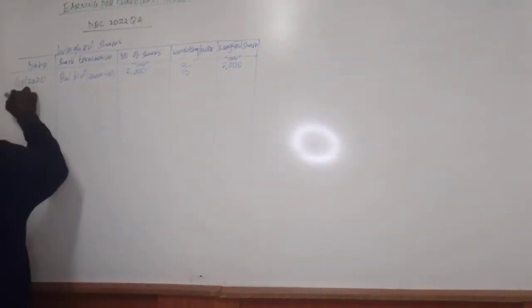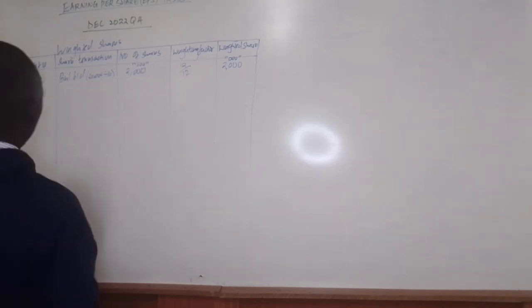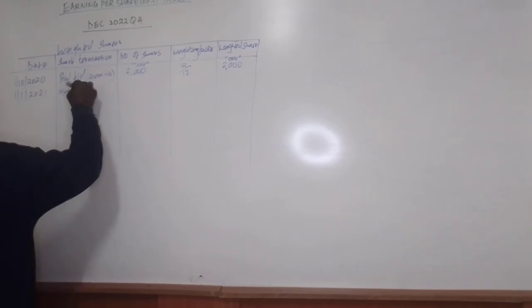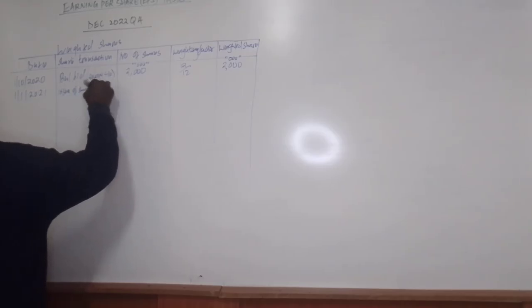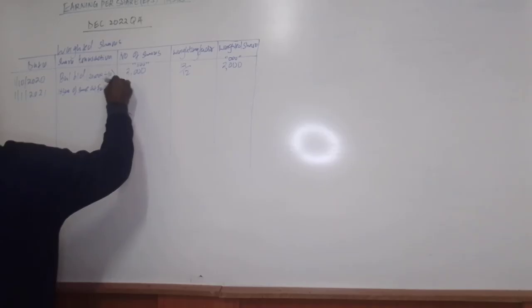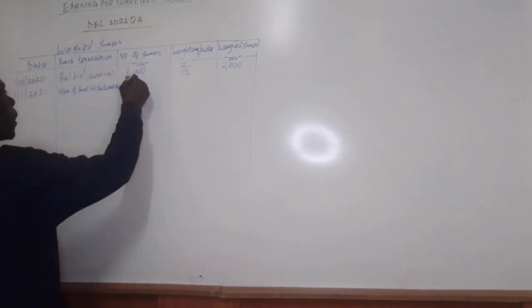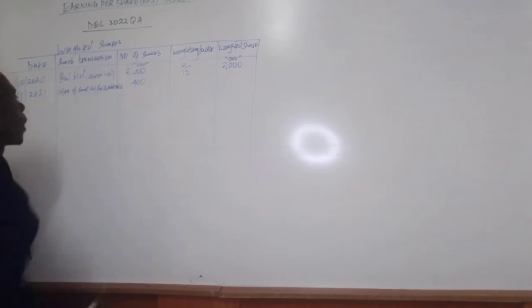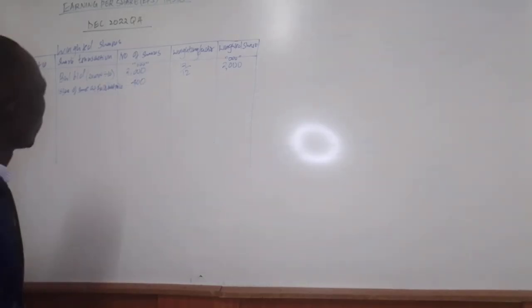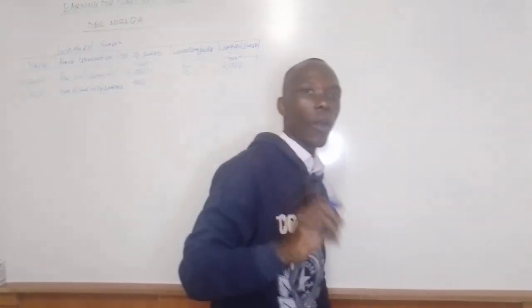So we are talking about 1st January 2021, there is issue of shares at full market price. And how many shares were issued? They are talking about 400,000. Because our shares are in thousand, it will be 400.